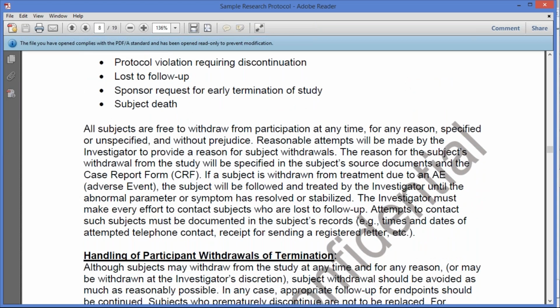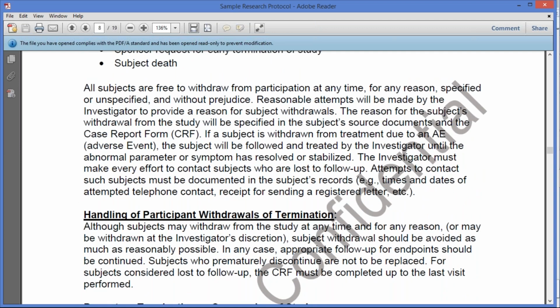So all subjects are free to withdraw from participation at any time, for any reason, specified or unspecified. But the patient should be followed up for the withdrawal reason. We need to know the reason, so we need to follow up with the subject.